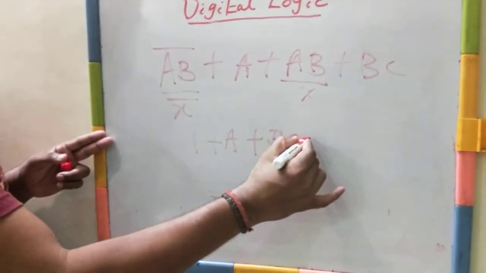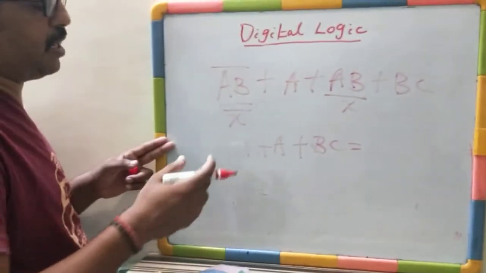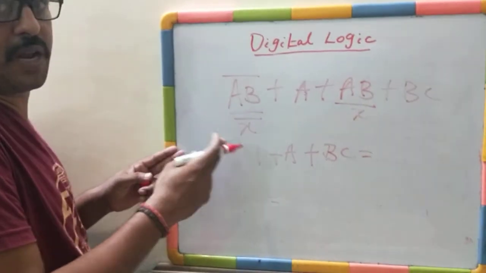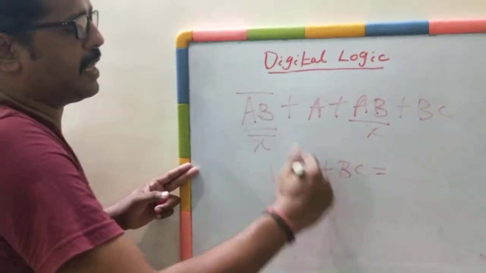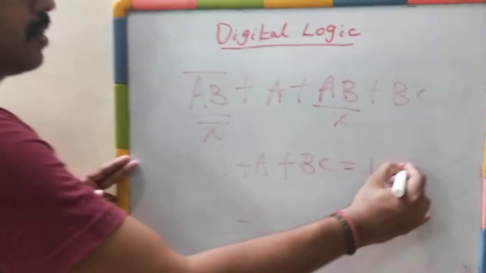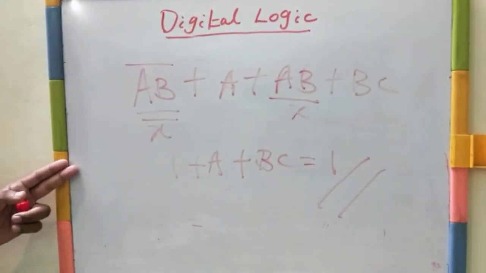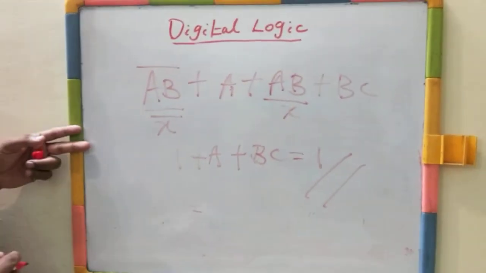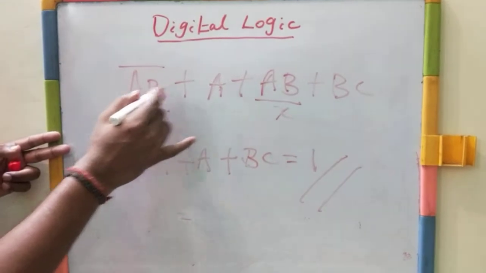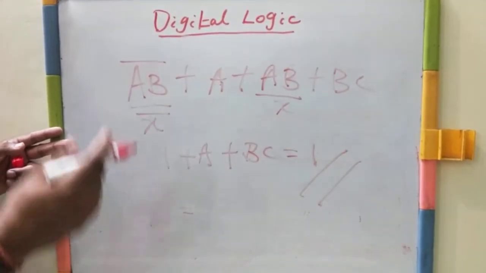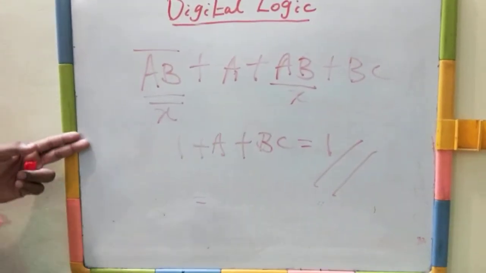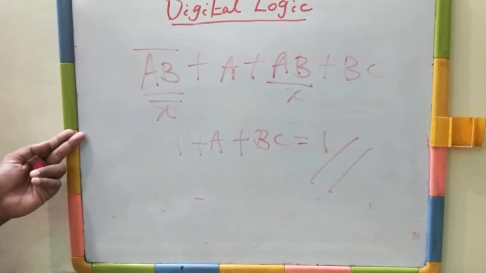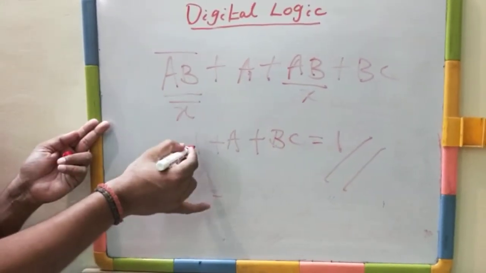We know that in OR operation, if any one of the values is 1, the entire expression becomes 1. So the answer would be 1. Clear? So AB whole dash plus AB is nothing but x plus x dash, which by the law of complementarity gives 1.